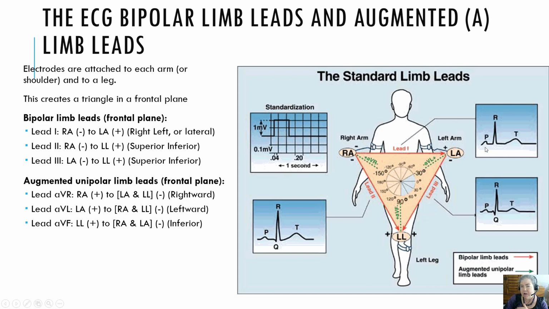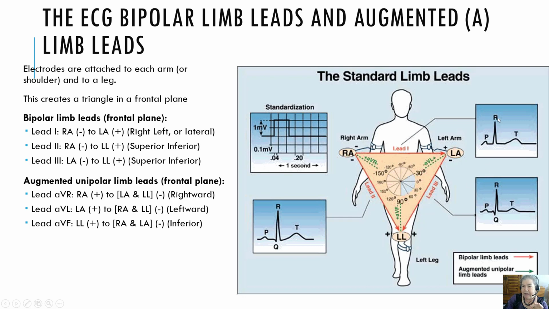We have lead 2, which represents movement from the right arm to the left leg. And again, the left leg is a positive, and so a current flowing inferiorly from the right to the left is going to deflect. A positive current is going to deflect the EKG in a positive direction.